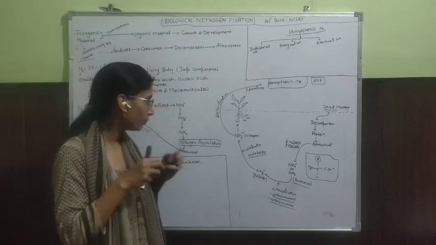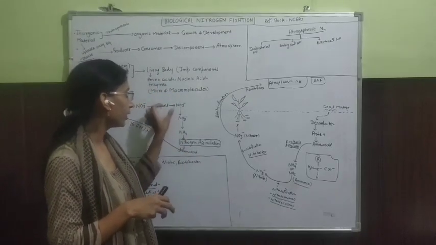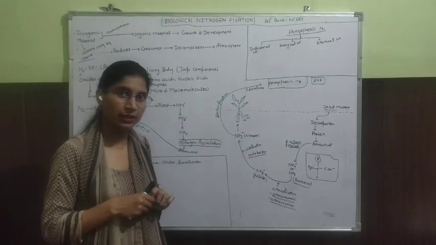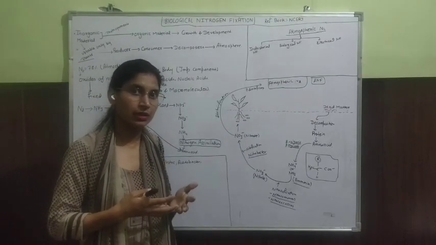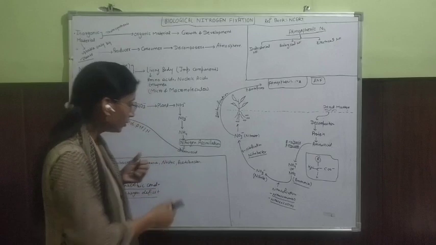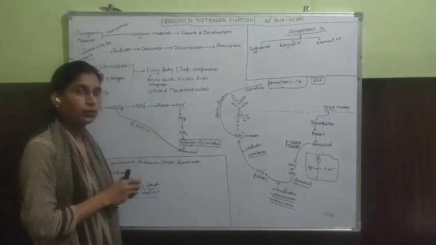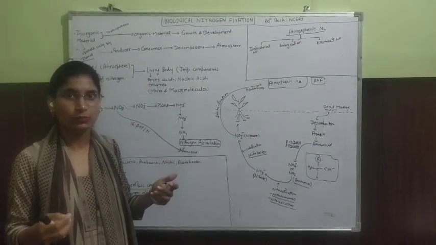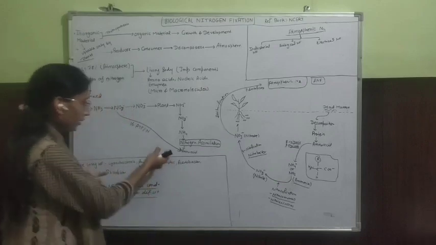So in the plant body, how is the ammonia or nitrate utilized by the plant? It is converted into nucleic acids and various biomolecules.